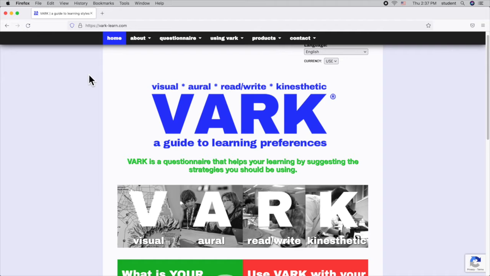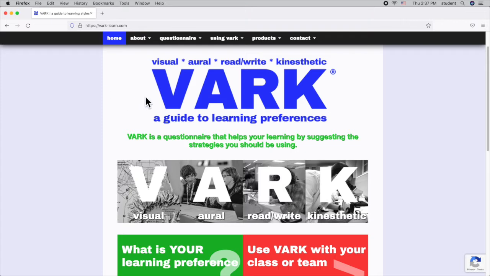So VARK is pretty easy to remember. I like the acronym here. V for visual. People with strong visual preferences like different formats, space, graphs, charts, diagrams, maps, and plans. A for oral or audio. So people with a strong oral preference have a learning style for discussions, stories, guest speakers, and chat. R for read-write.